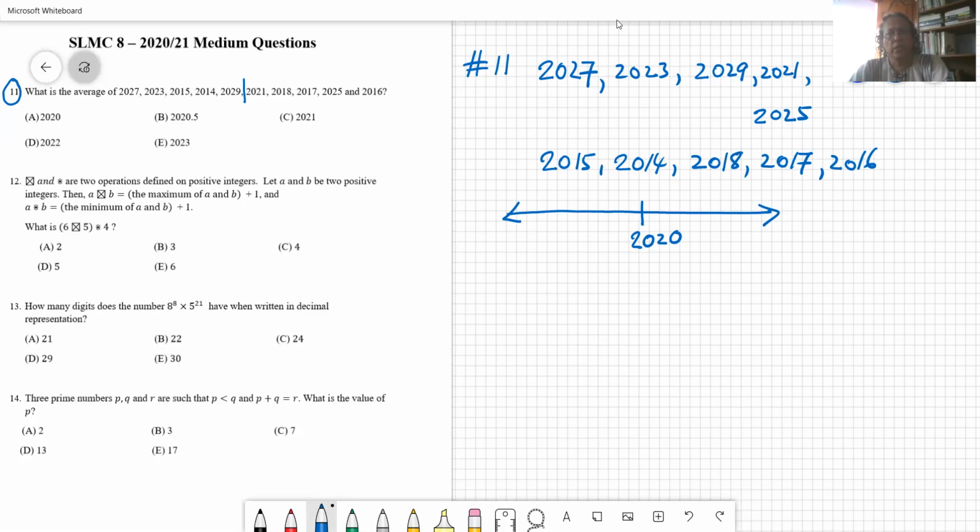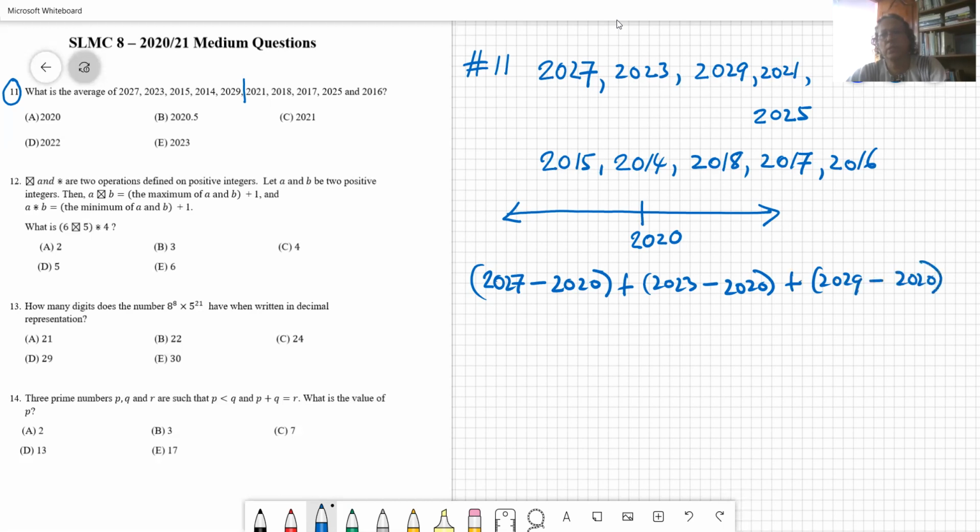So let's see, now we take 2027 minus 2020, plus 2023 minus 2020, plus 2029 minus 2020, plus 2021 minus 2020, plus 2025 minus 2020.